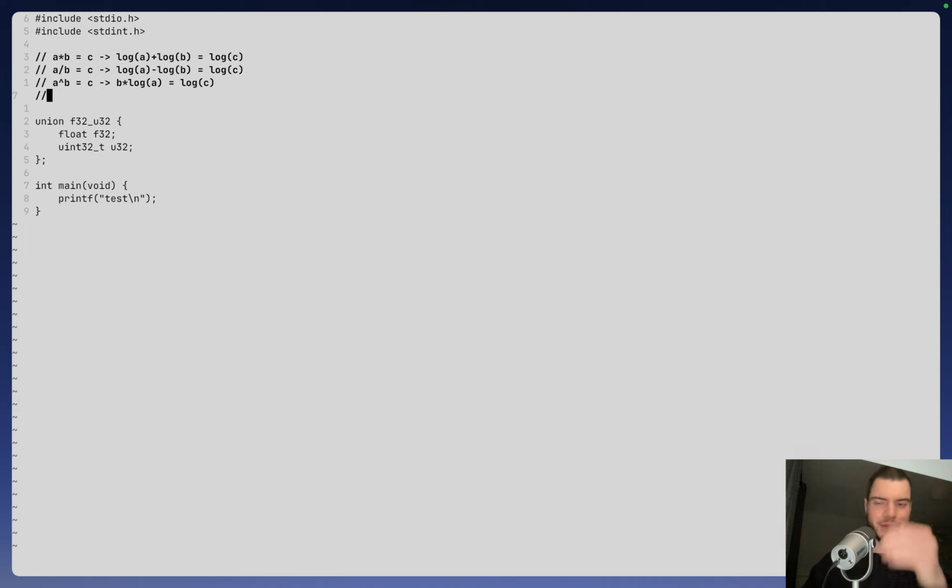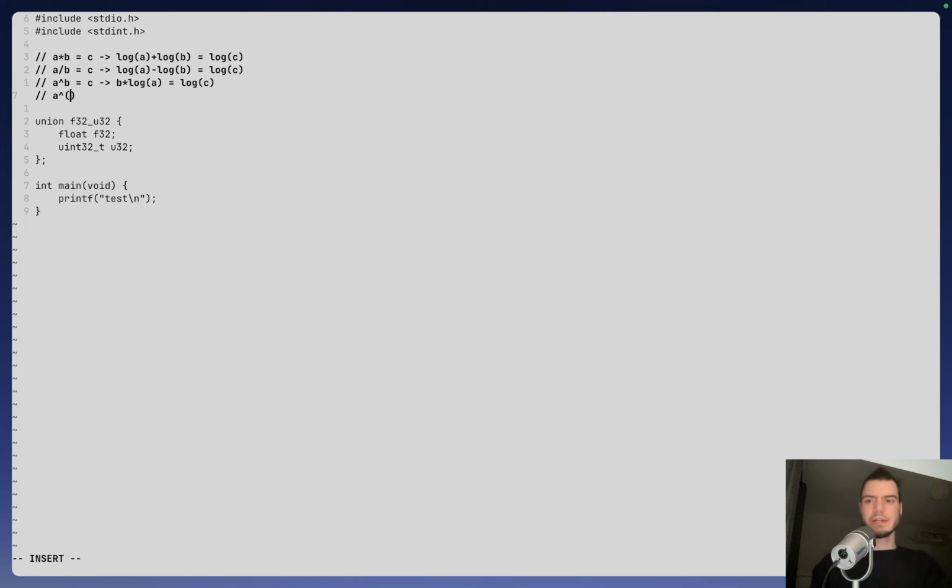A square root is just, for example, the square root of 4 is the same as 4 to the power of 1/2, so 1 divided by 2. And the cube root is the same as some value to the power of 1 divided by 3.